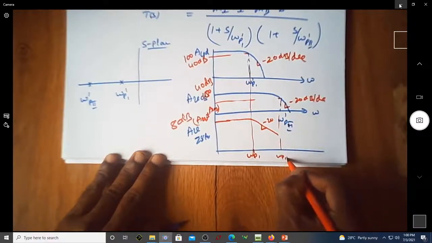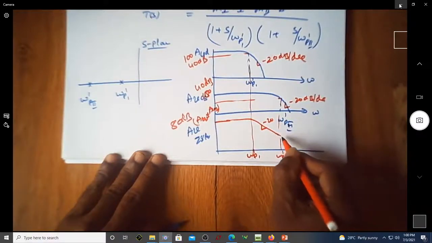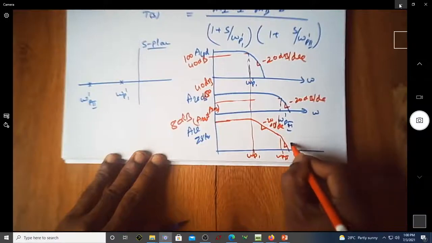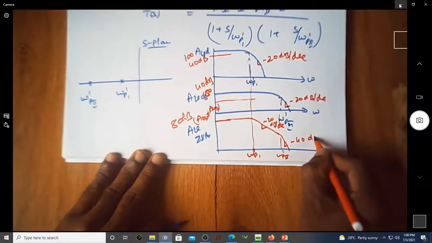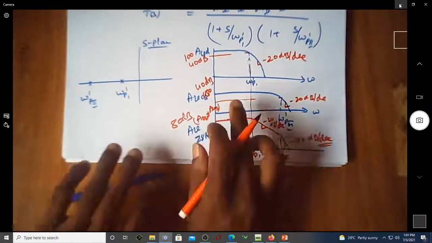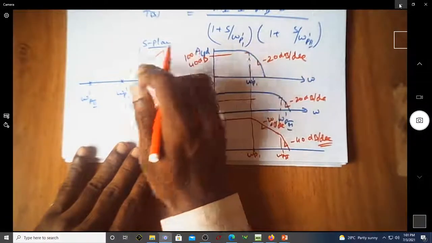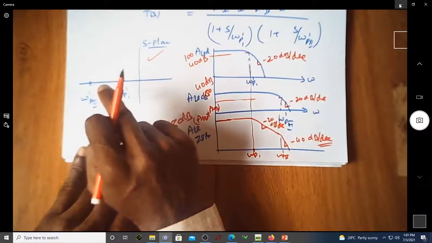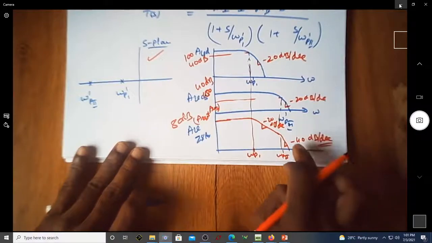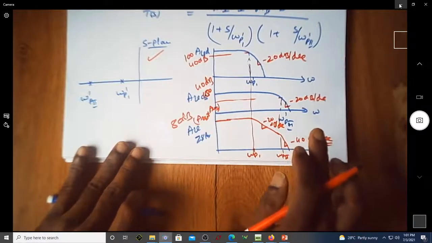The slope now increases: here it is minus 40 dB per decade. Now this is the pole-zero plot of the two-stage op-amp. This is the magnitude Bode plot of the two-stage operational amplifier.